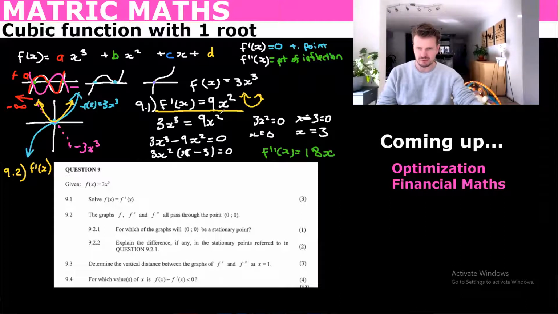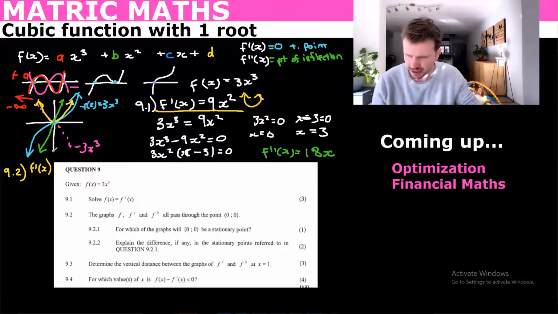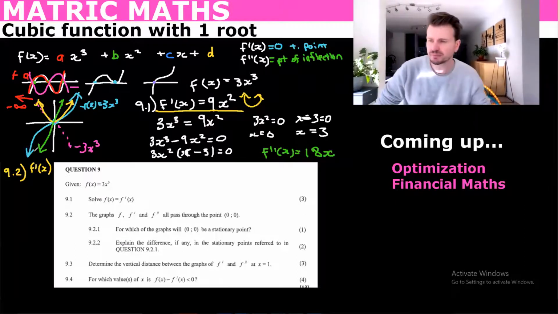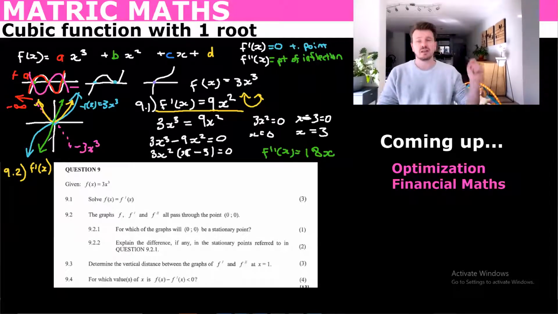I take 1 off the exponent, so I get 18x. This is a straight line graph with a very big gradient of 18, so it's going to look like that in green. So the yellow is the derivative, the green is the second derivative, f double dash of x, and blue is the cubic function. Okay, hopefully we're getting somewhere.